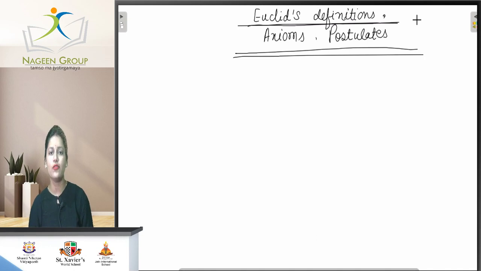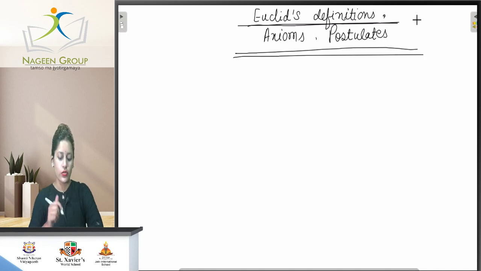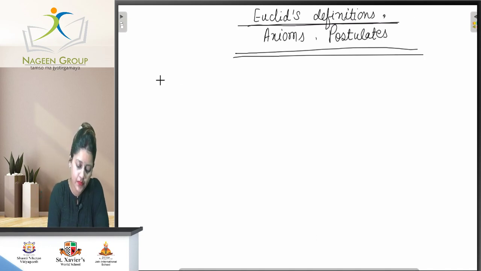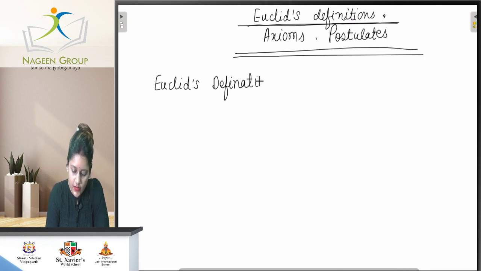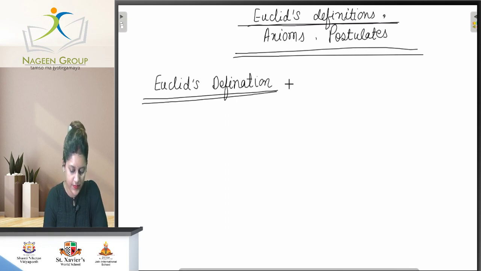First we are going to write, then I will tell you what it means. The definition of Euclid's definition: what does it define?